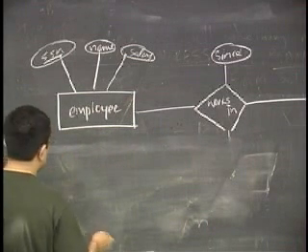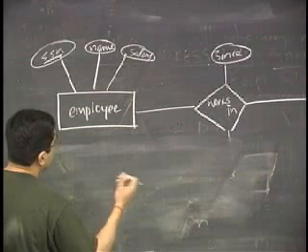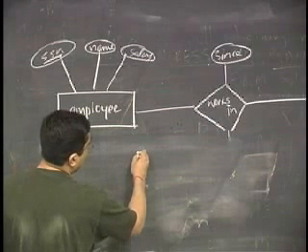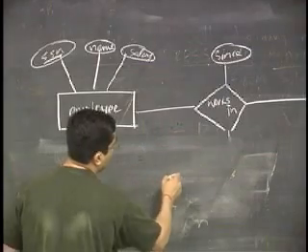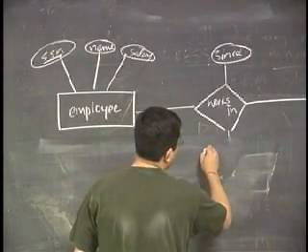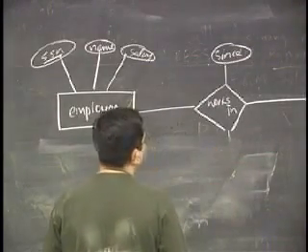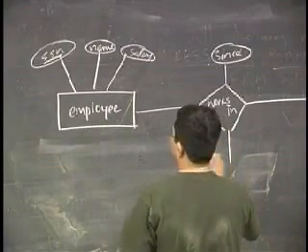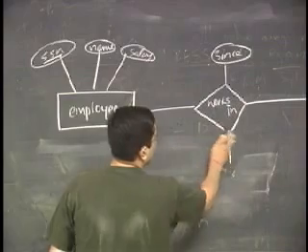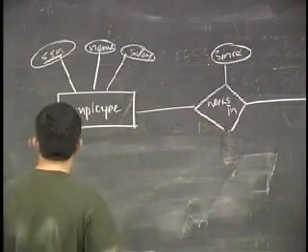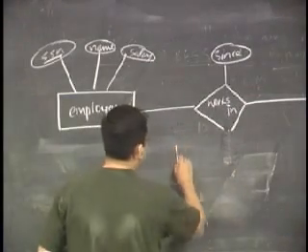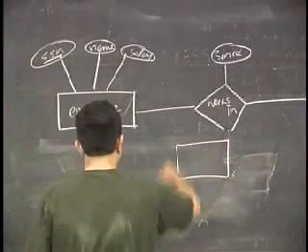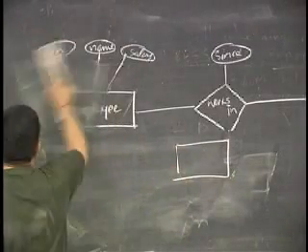The book gives an example of an insurance policy, and that is actually a good example, so we'll stick to that. There is, say, an employee, and there is a company here. I'll just erase this one and give you the whole thing again.